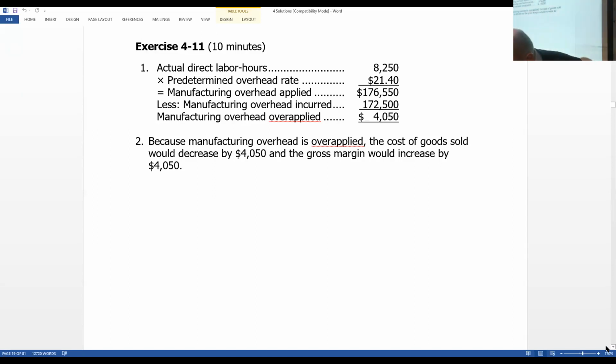So they give us five numbers there. What do we do with those five? Add some of them and maybe subtract others. The estimated activity was 8,000 direct labor hours, and they actually used 8,250. They used more than what they thought. So do you think their total cost is going to be over-applied or under-applied, even without doing any math?